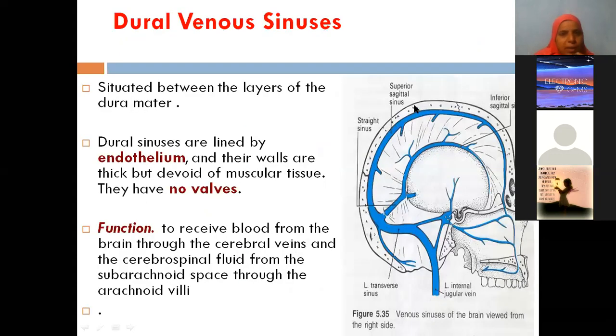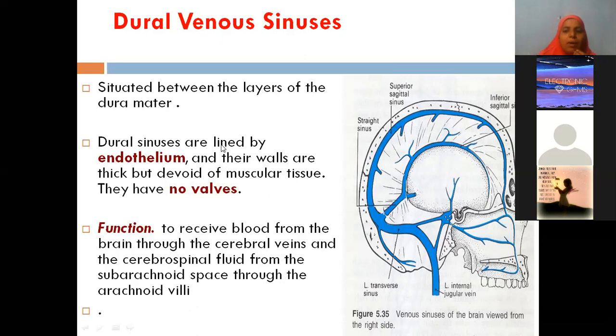Now, the dural venous sinus is situated between the endosteal and the meningeal layers of dura mater. The dural venous sinuses are lined by endothelium, and their walls are thick, but they are devoid of muscular tissue. If you remember the histology of a vein, we have tunica intima, tunica media, and tunica adventitia, isn't it?